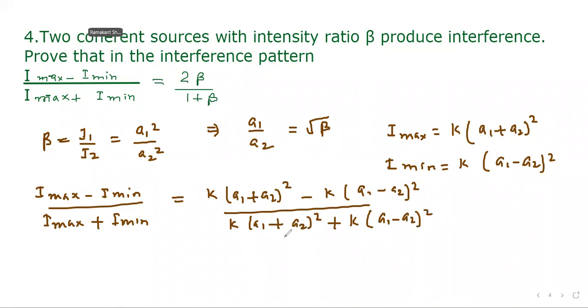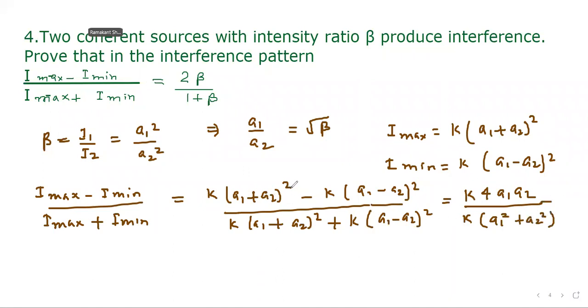So if we open the bracket, we will get k times 4 A1 A2 divided by k times (A1 square plus A2 square). Other terms will cancel out.